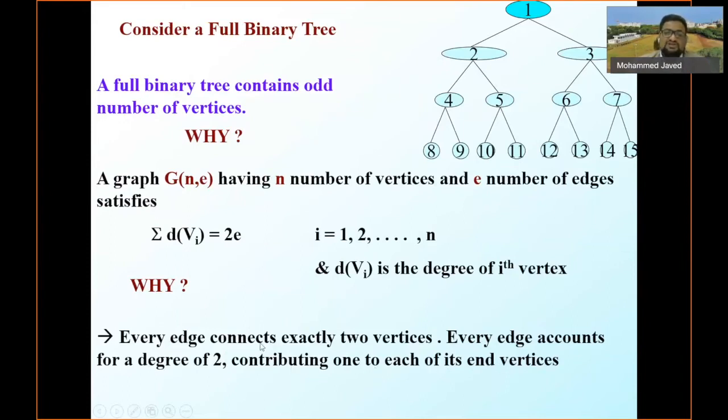So if there are e number of edges, the total degree of the vertices would be 2e. So that is what was said earlier.